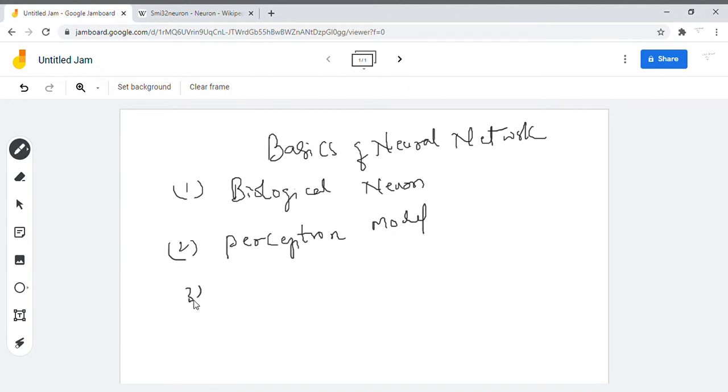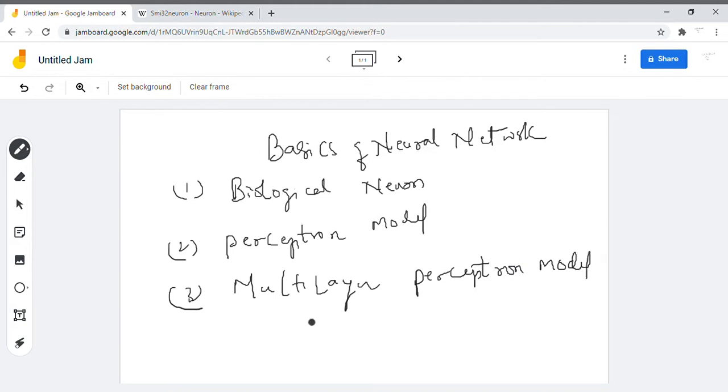And finally, we see something called as multi-layer perceptron model. Okay. So in this particular video, we see what is a biological neuron and perceptron model.